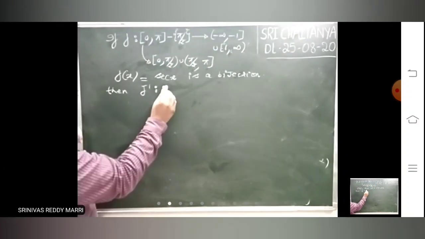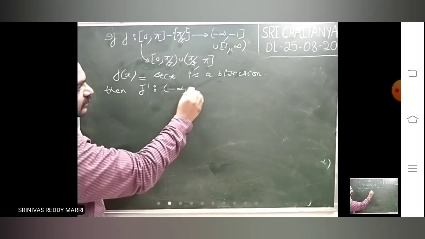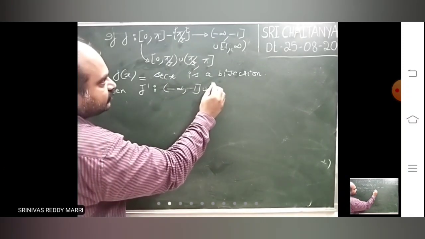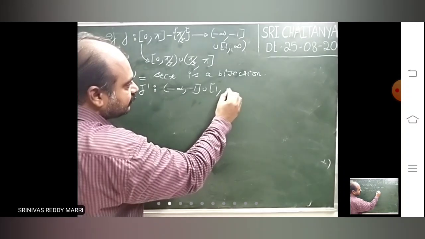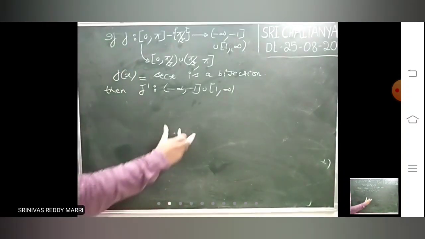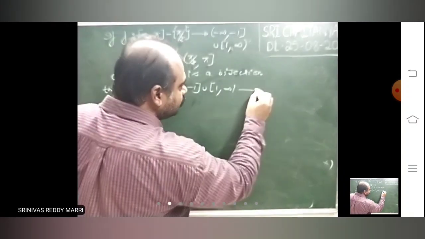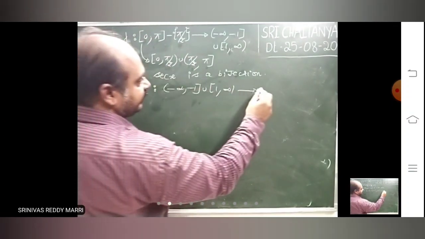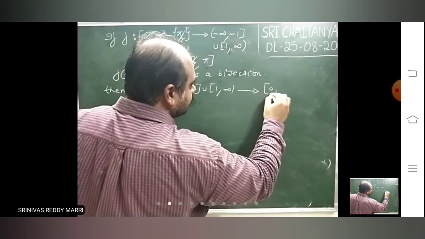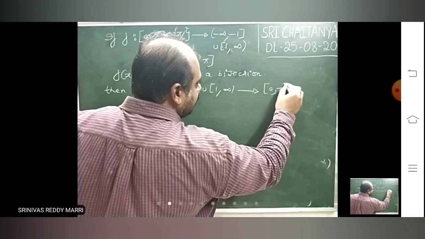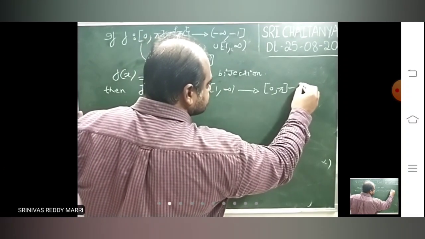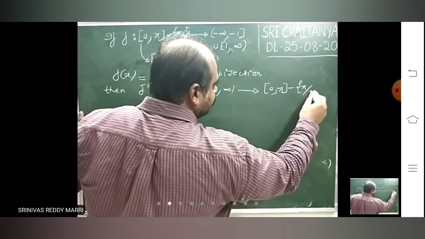So then if we define the function like this, suppose I am defining f inverse. This is A to B and then B to A, meaning minus infinity to -1 union 1 to infinity, to this interval, 0 comma pi minus pi by 2.